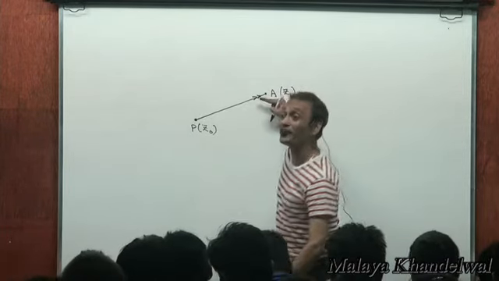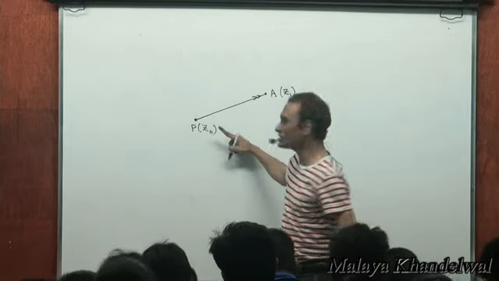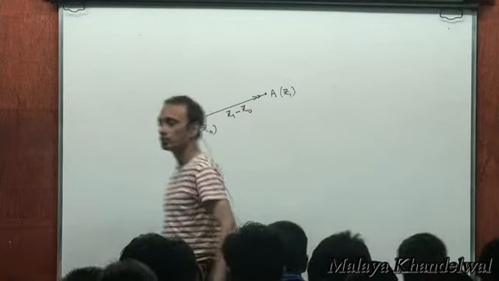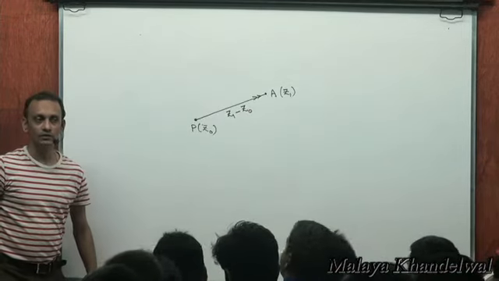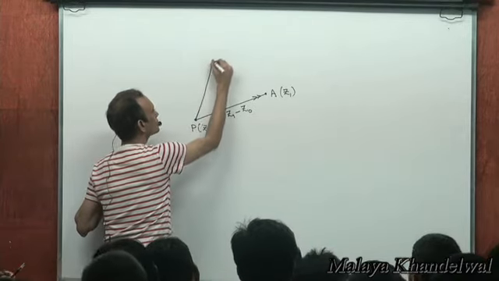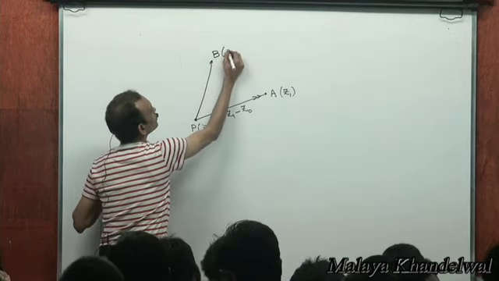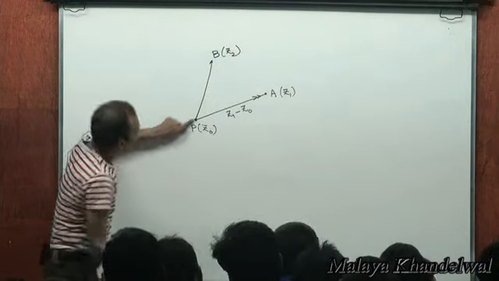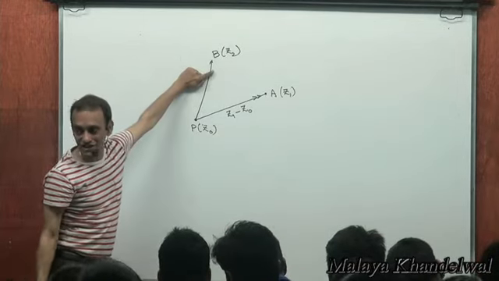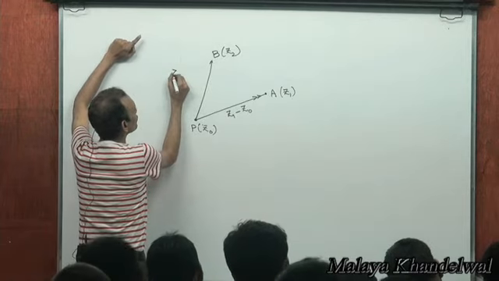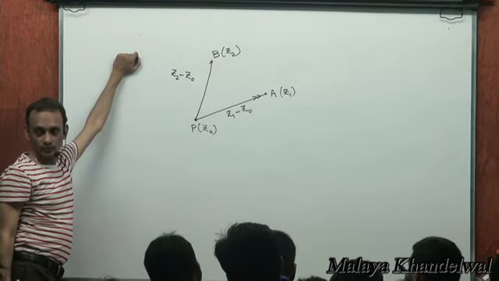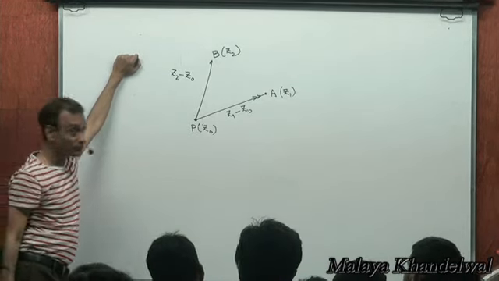This vector would be z1 minus z0, final position minus initial position. Yes or no? This is B, say, with position vector z2. Then what would this vector be? z2 minus z0. Yes or no? Yes.